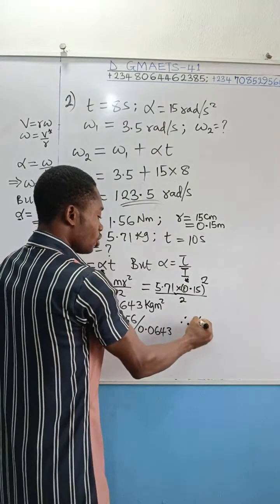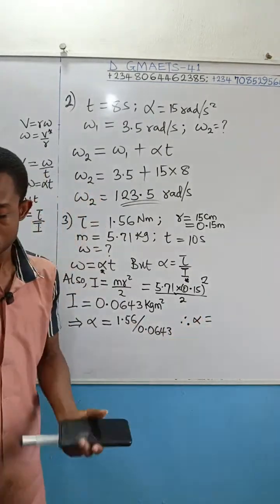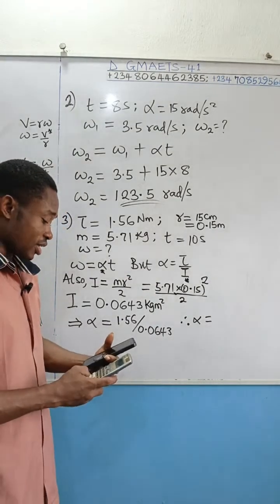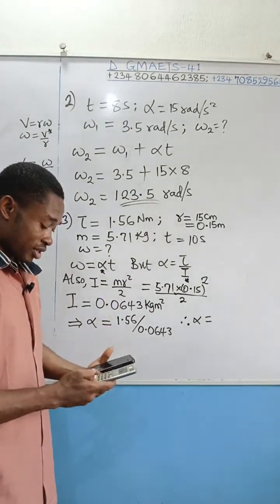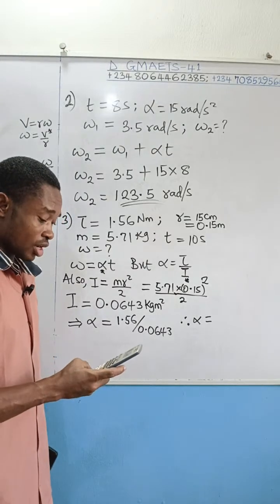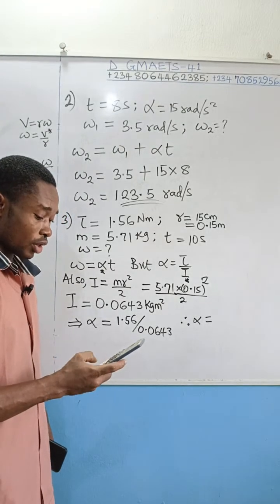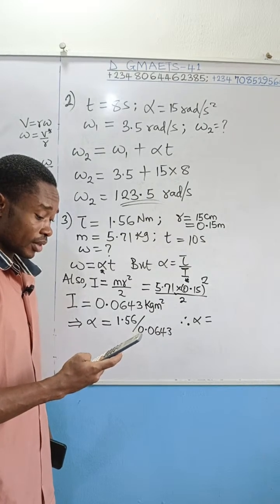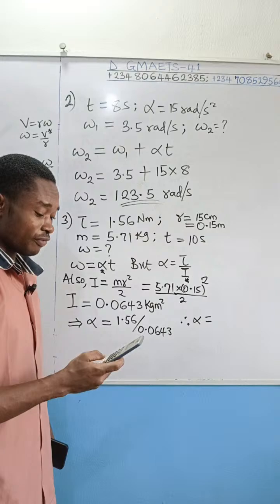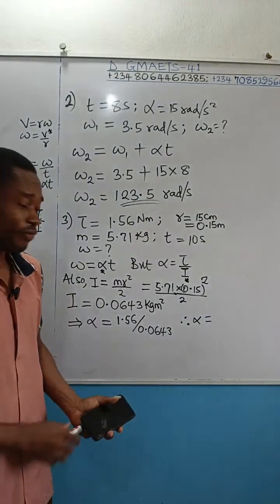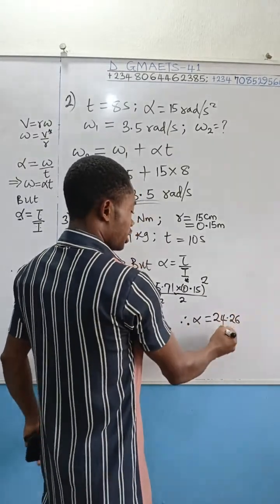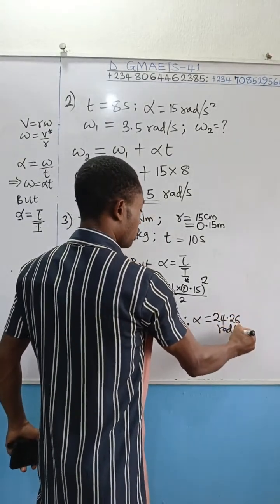Reach out for your calculator: 1.56 divided by 0.0643. This gave me 24.26. The unit is rad per square second.